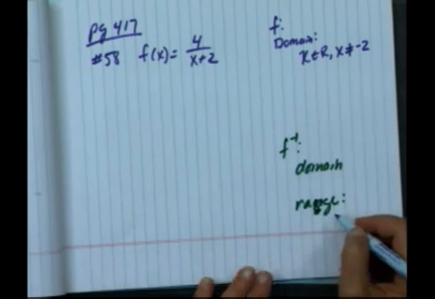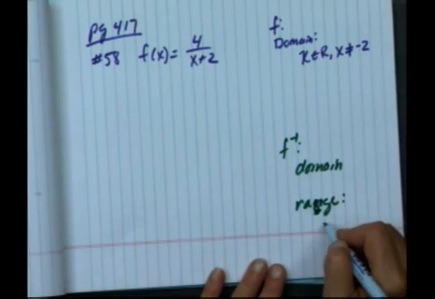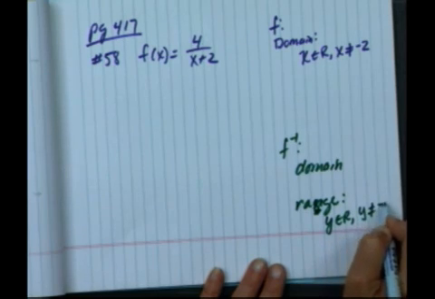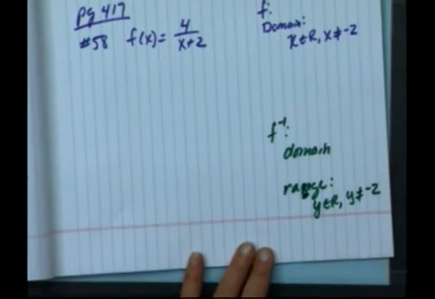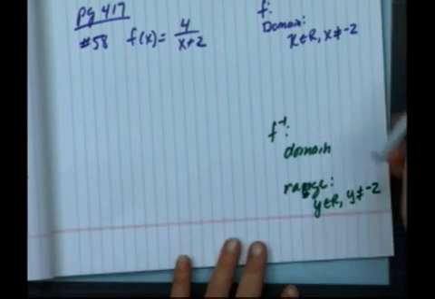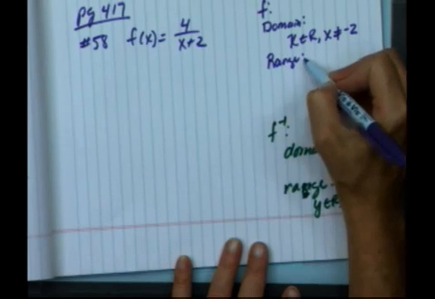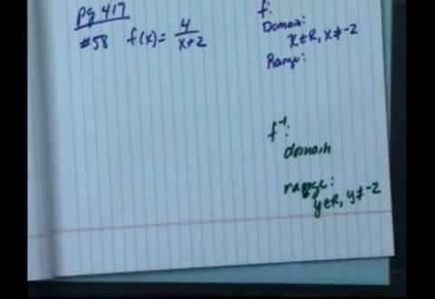Remember, the range is y values. The range will be y is an element of R, but y can never equal -2. Can you tell me what is the range of this function?